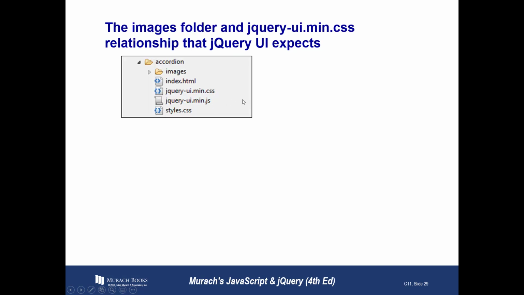Here it says the images folder and jQuery UI min CSS relationship that jQuery expects. You may or may not have noticed it, but I didn't add that stuff, and mine still worked. But to get the full effect, as always, read the documentation and see what you should download, the order in which you should download it, etc.